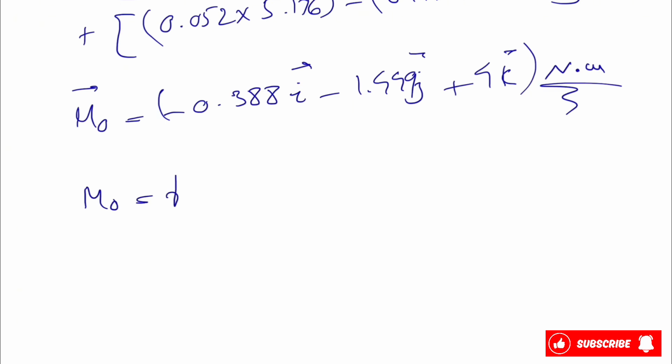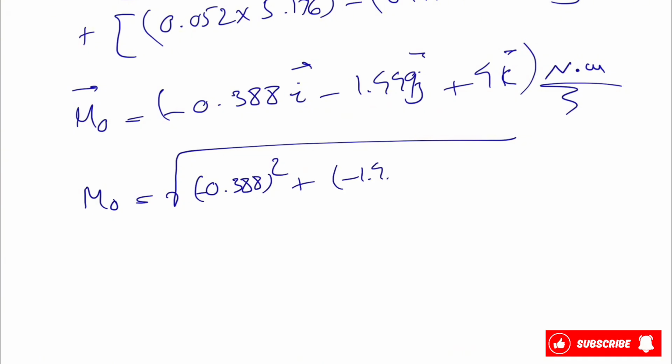To find the magnitude, we simply have the square root of x squared plus y squared plus z squared, and if we find this, we'll get 4.27 Newton meter.